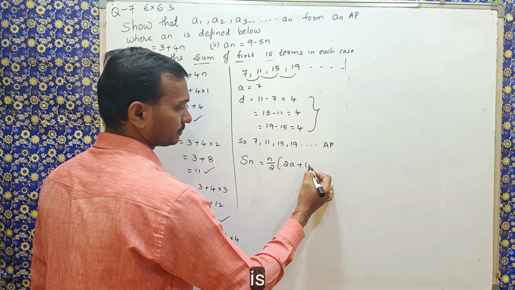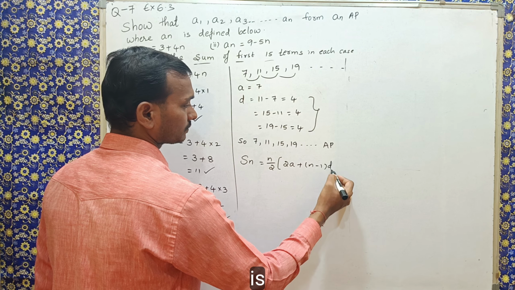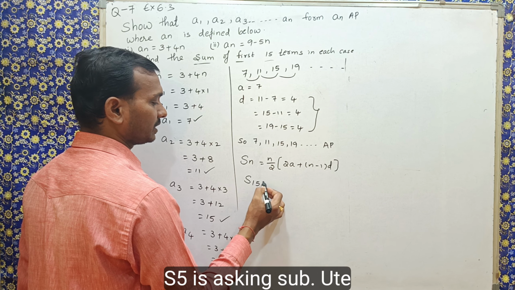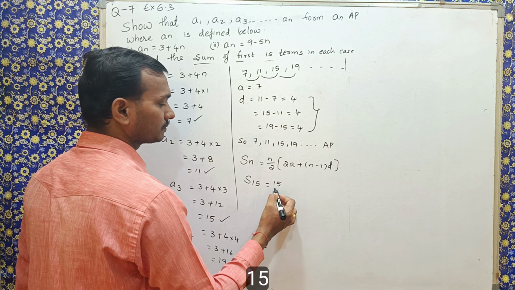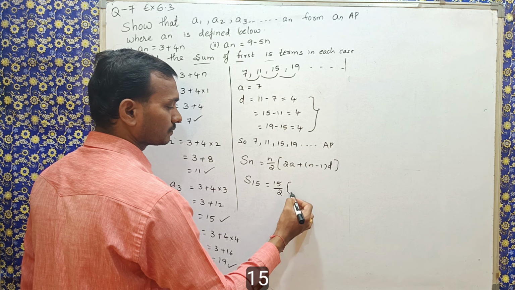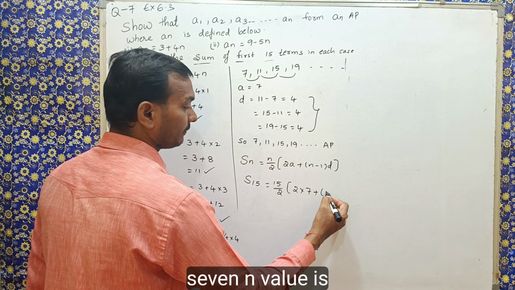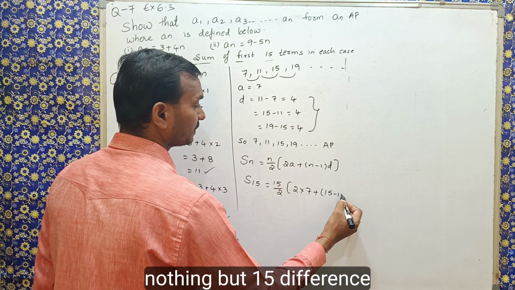That is Sn equals n by 2 into 2a plus n minus 1 into d. S15 is asked, substitute here 15. A value is nothing but 7. N value is nothing but 15.